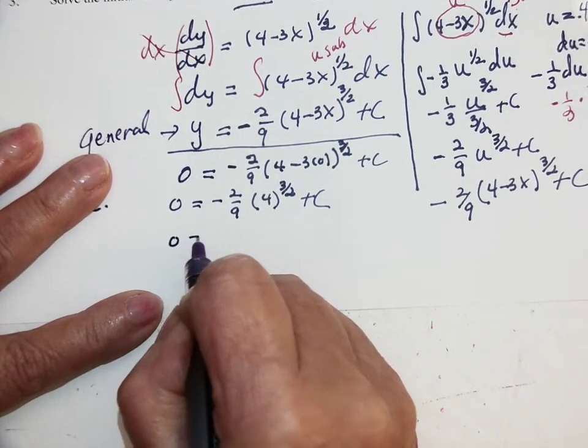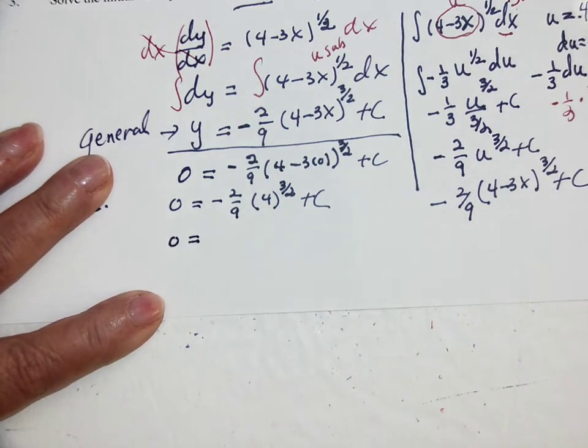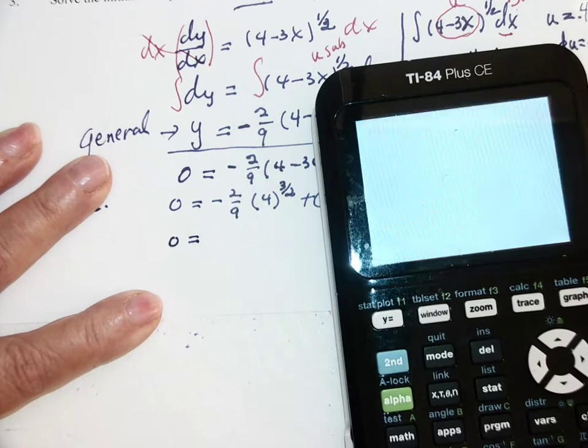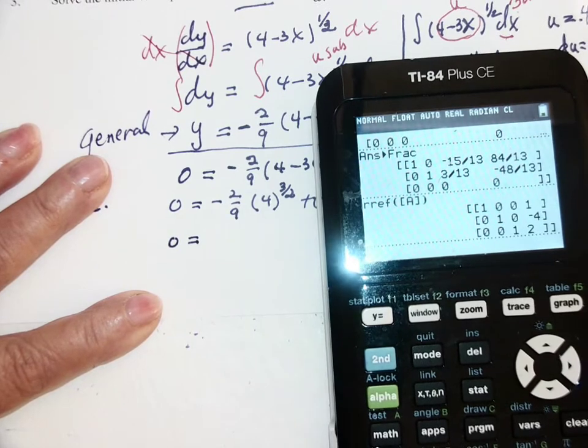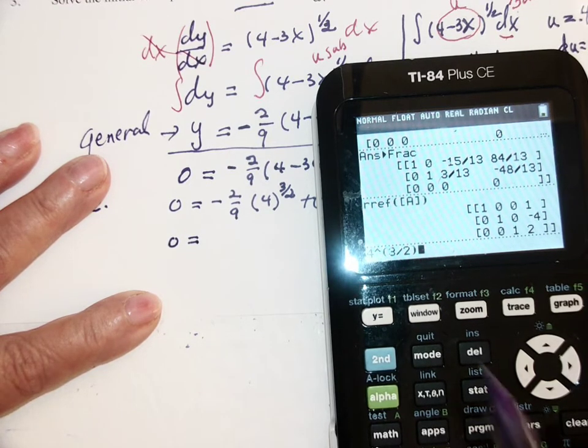Now you can use your calculator or not, but if I take 4 and raise it to the 3 divided by 2, I have to put parentheses around the 3 divided by 2 to make sure it's taking it to the 3 halves power.